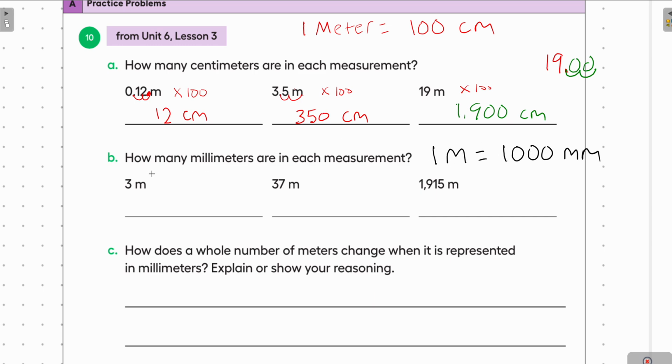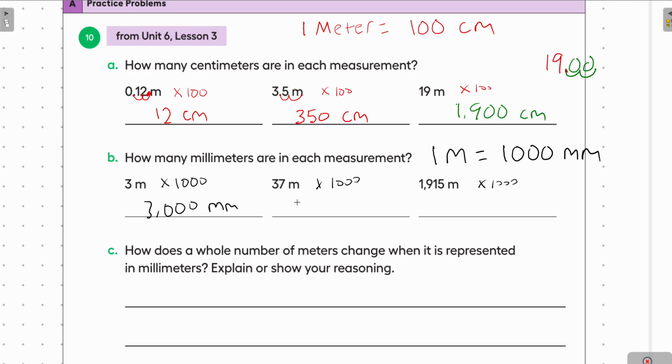So that means that each of these meters, to convert them into millimeters, all we need to do is multiply them by 1,000. So this is going to be 3 times 1,000. This is going to be 37 times 1,000. This is going to be 1,915 times 1,000. So 3 times 1,000 is 3,000 millimeters.